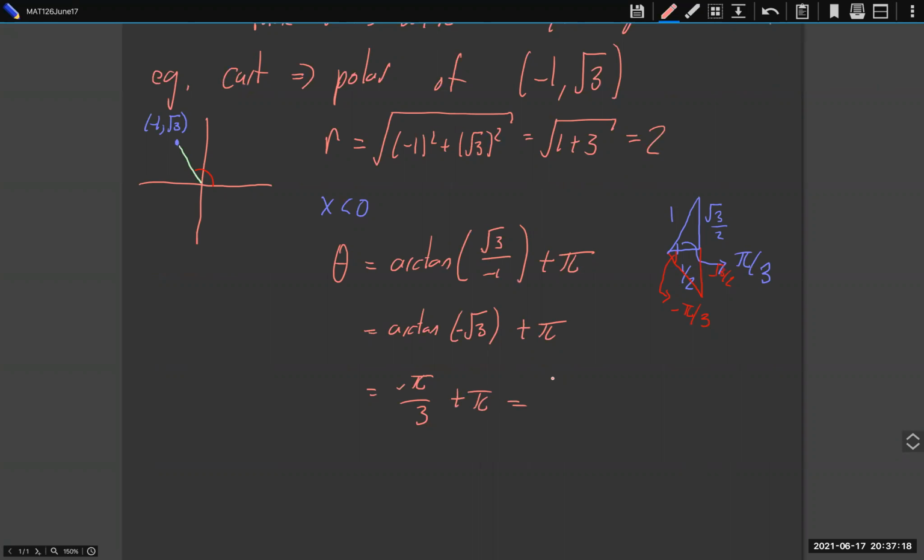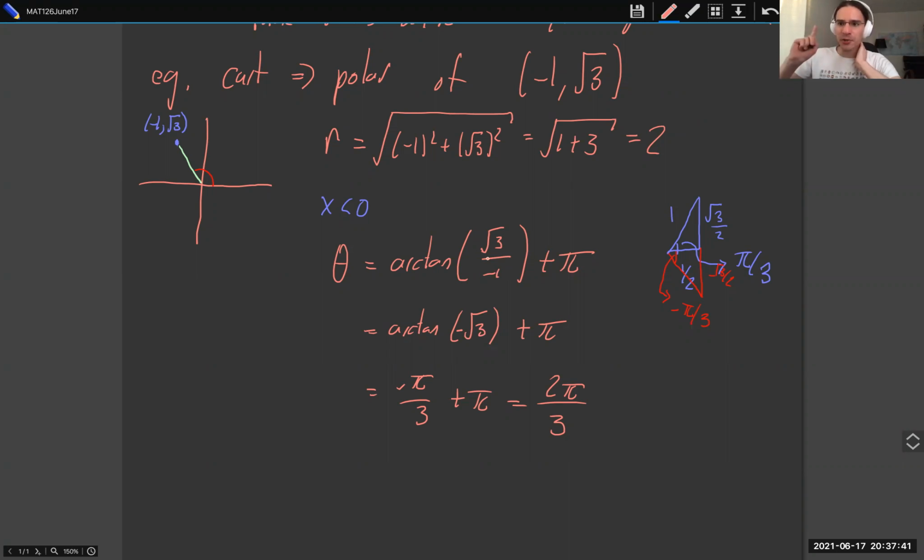Just going back to the original triangle, how do you know it's pi over 3 again? It's the number root 3. So there are only 2 special triangles, right? Now you think about arctan root 3.